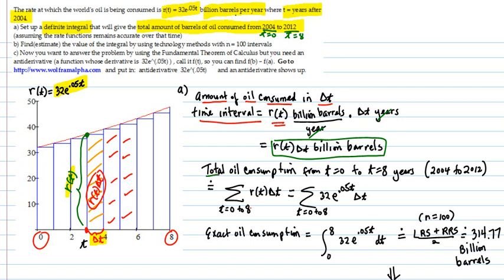Then if I want the total oil consumption over all those years, I have to sum all those R of T delta T totals up from T equals 0 to 8, and this is the way I want you to write it. I don't want you to bother with the i counters.